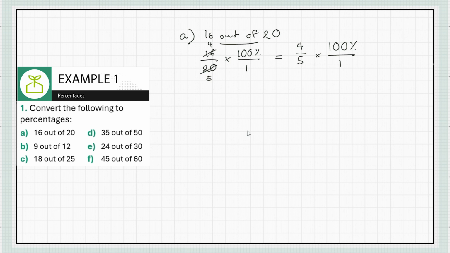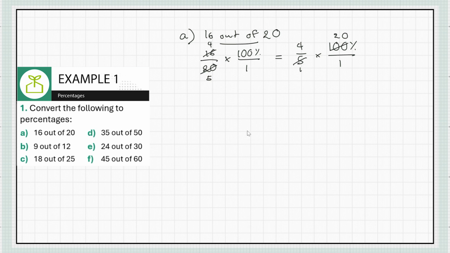And because we've done cancelling between our top and our bottom, or our numerator and denominator, we can also look to cancel diagonally. Now, if we have a common factor between the denominator of the first fraction and the numerator of the second one during a multiplication, we can look to cancel between them. So we know that 5 will be a common factor, so let's divide this by 5 and get 1, and divide this by 5 and we're going to get 20.